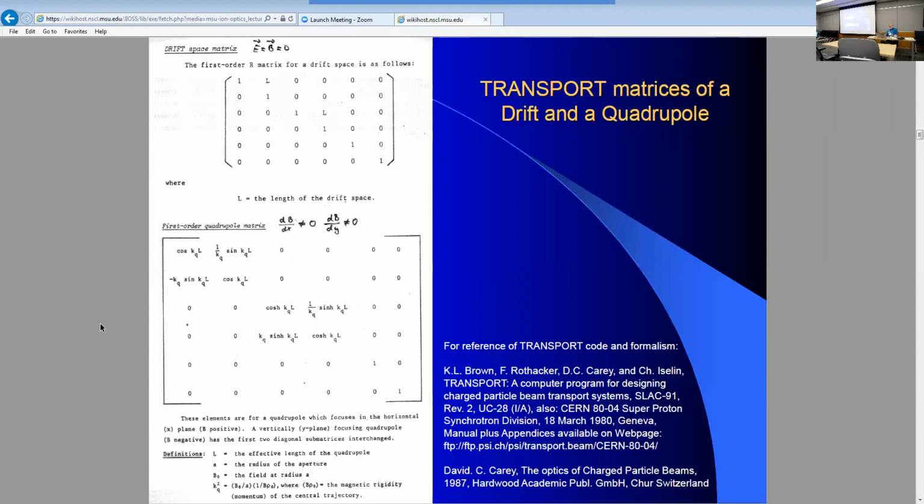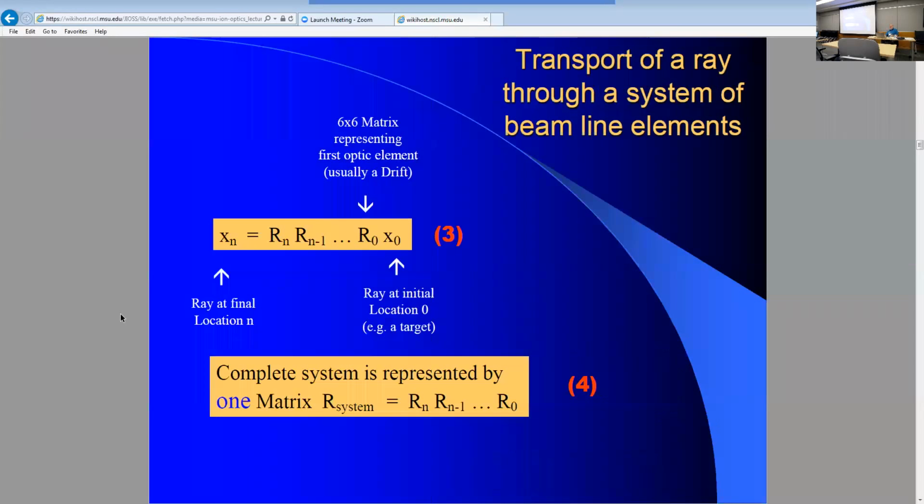So now we have the drift and the quadrupole, but now we want to look at a more complicated system. Say a beamline with many quadrupoles and possibly dipoles. So what do we do? At the beginning, you have X naught, and if you have the first element represented by R, then you get the ray at the exit.